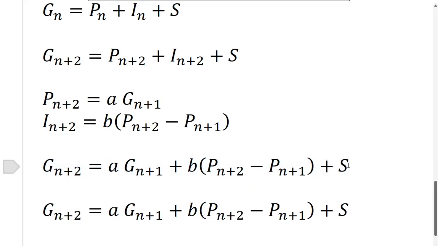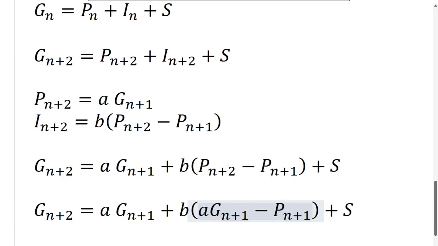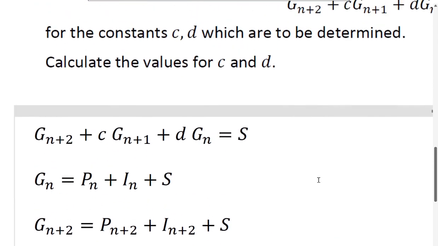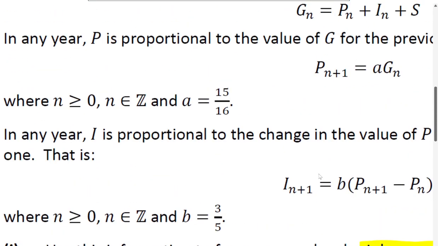We're going to replace the P n plus 2, this guy, with A g n plus 1, because that's what we know it is from the equation. And I have a feeling we know what P n plus 1 is from all the way back up there. P n plus 1 is A g n, yes.